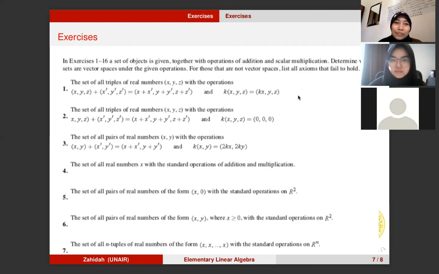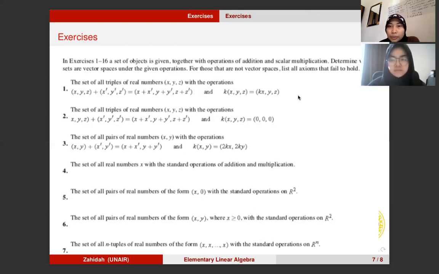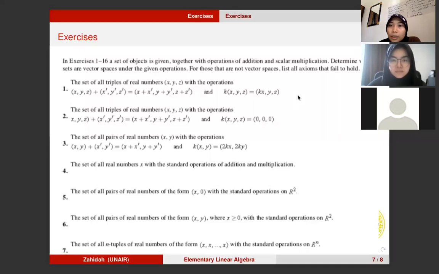Can you guess for number 1, is this a vector space or not? If it's a vector space, you have to show that all 10 axioms are satisfied. If it is not a vector space, just find the counterexample that shows which axiom fails to hold.